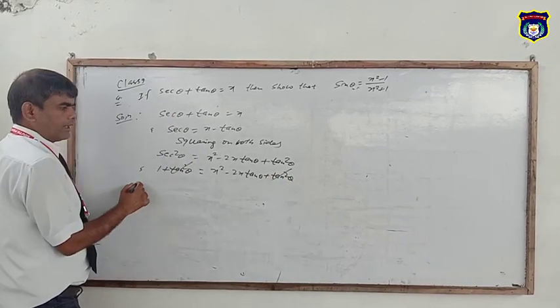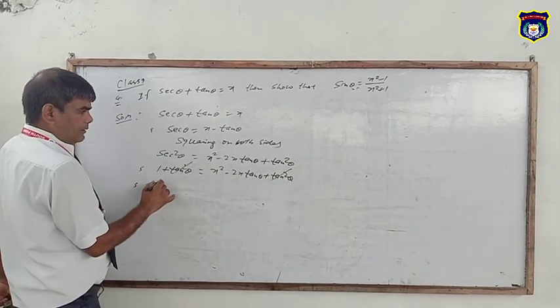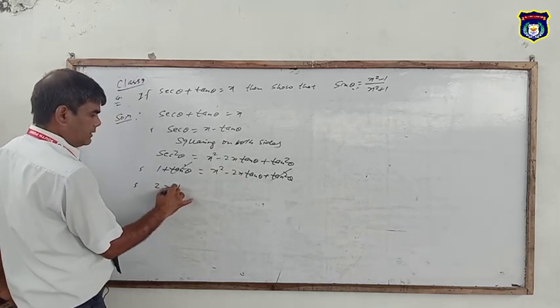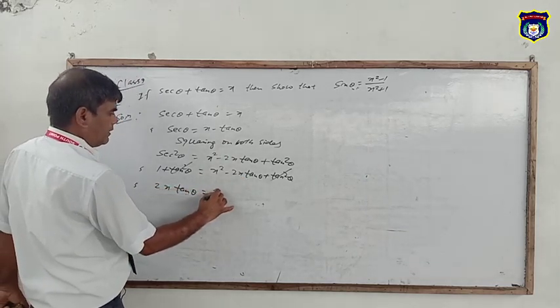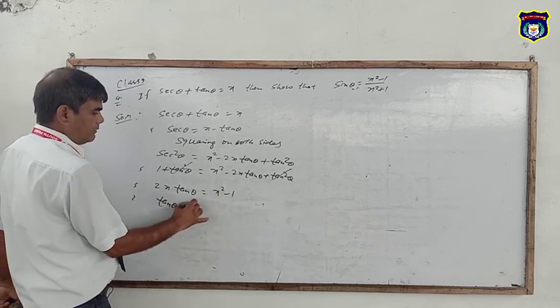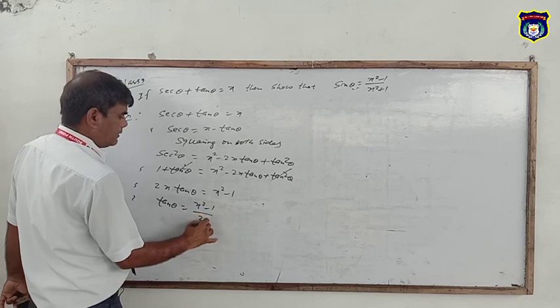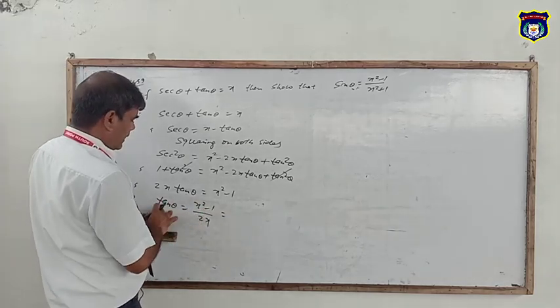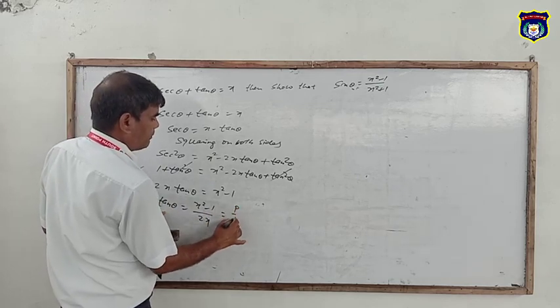Tan square cancels. So this is 2x tan theta is equal to x square minus 1, or tan theta is equal to x square minus 1 by 2x.